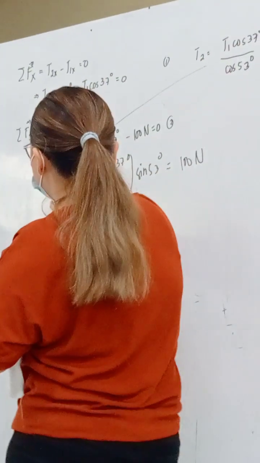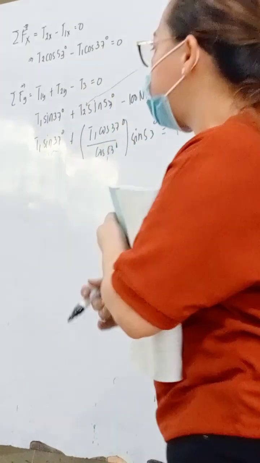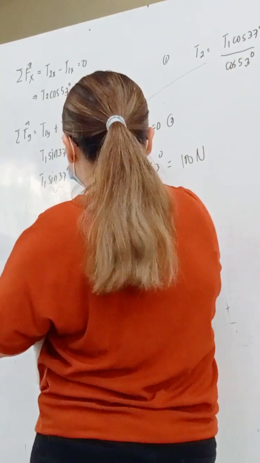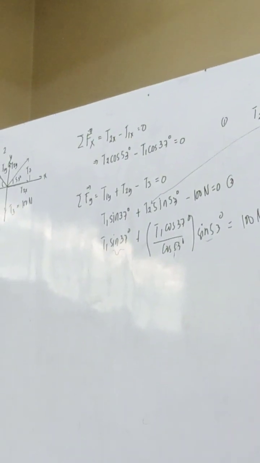Now, how do we solve for T1? Let us express it in decimal places. What is sine of 53 in your calculator?